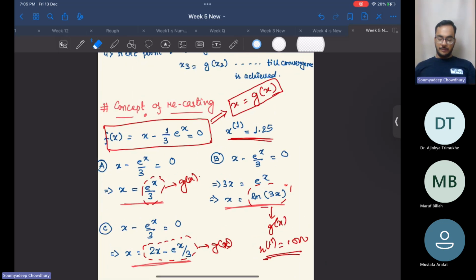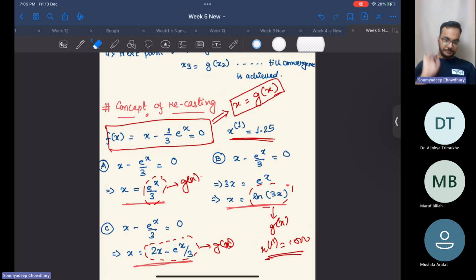Then your g of x will be ln of 3x. The third possibility is we can write this as x equals 2x minus e power x by 3. Again this is of the form x equals g of x, with g of x being 2x minus e power x by 3. So these are the different options for recasting this particular equation.